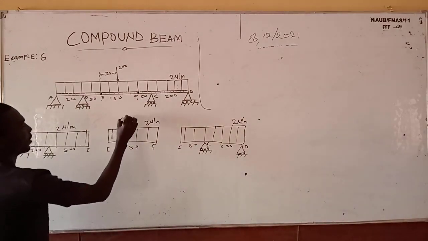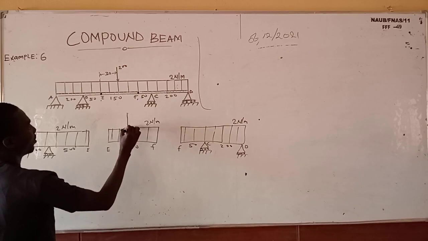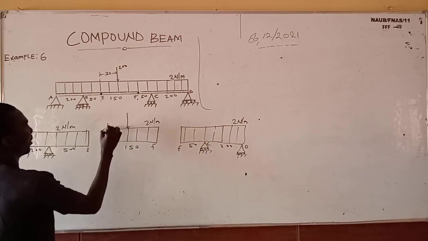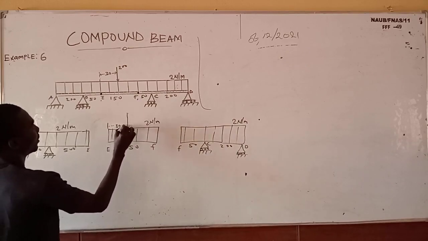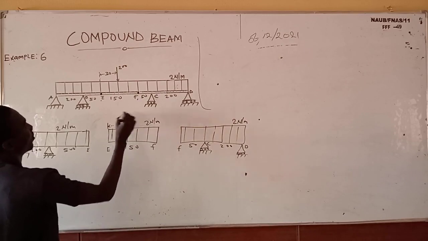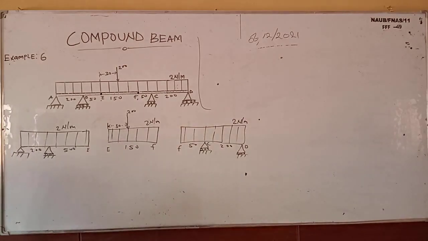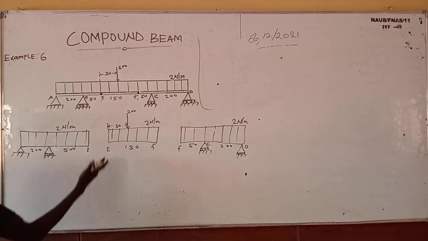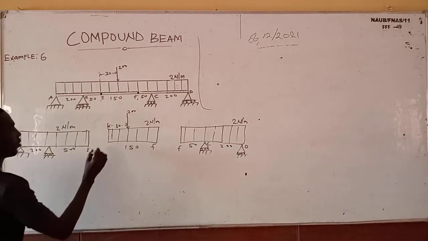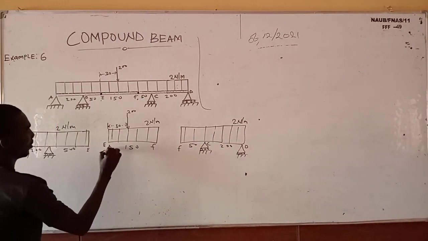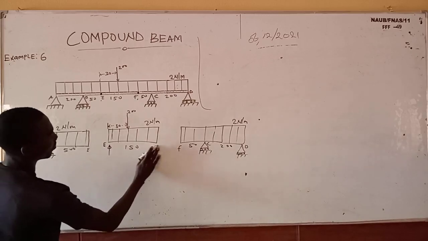And don't forget we have a point load acting on this part at a distance of what? 30, which is 200. Yes, so this is how we are going to separate this. Now the next thing is our force. We should assume our force. Let's assume an upward reaction for this.